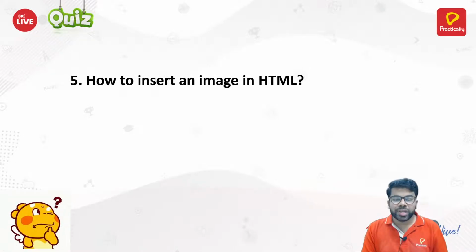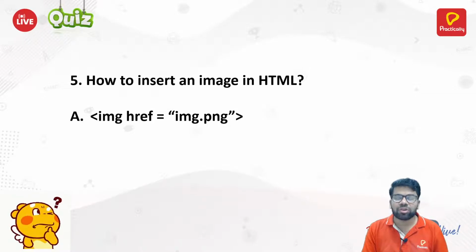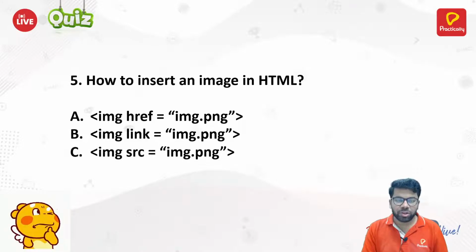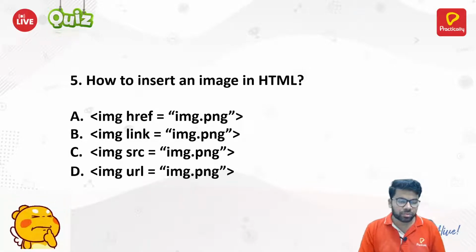Now, how to insert an image in HTML? Which tag is going to be used, and what is the correct syntax to insert an image onto the web page? There are 4 different examples.